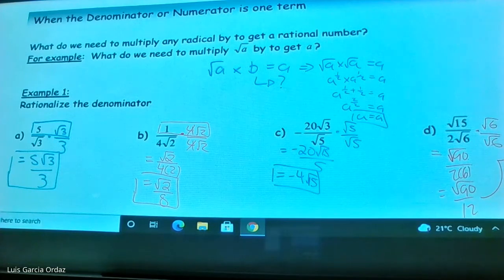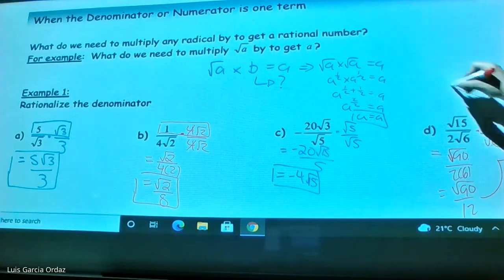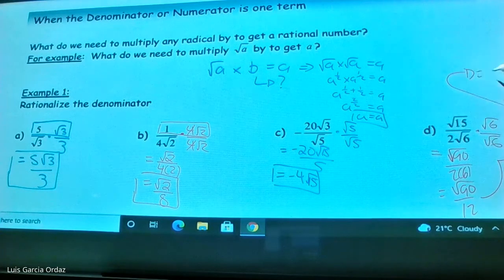And what happens to the 3 and the 12? I think Anna gave us the answer already. So this cancels out. So this becomes 1, and this becomes 4. So our final answer, I hate running out of space, is going to be root 10 over 4.